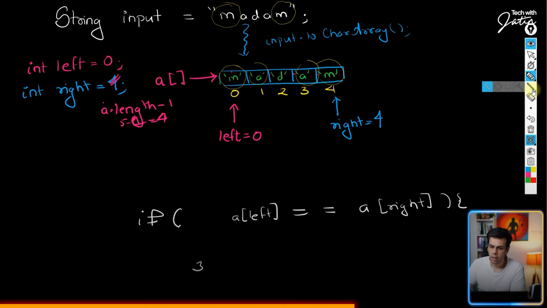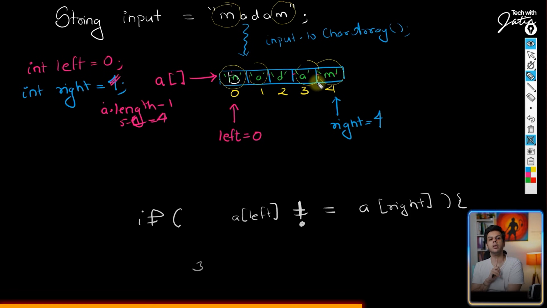But let's assume that it is not equal. Over here, this is B: B-A-D-A-M. If the character which is there on the left index is not equal to the character which is there on the right index, even if one of these conditions is not working, if this particular stuff is not equal, it is definitely not a palindrome.